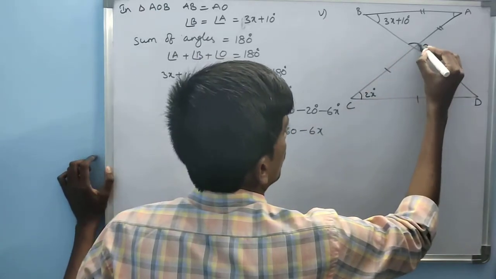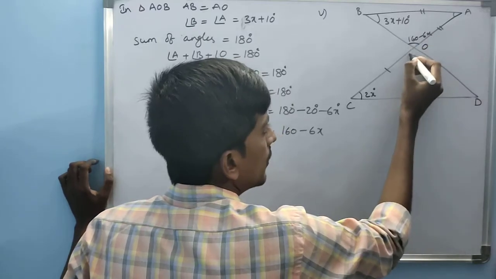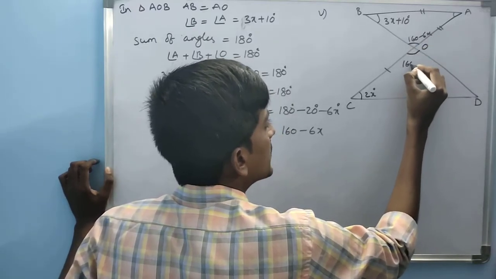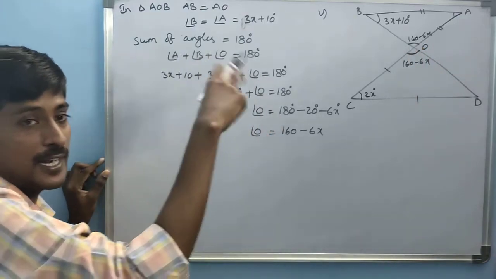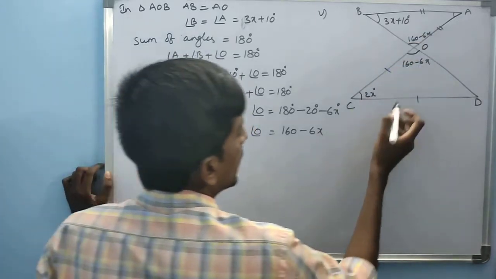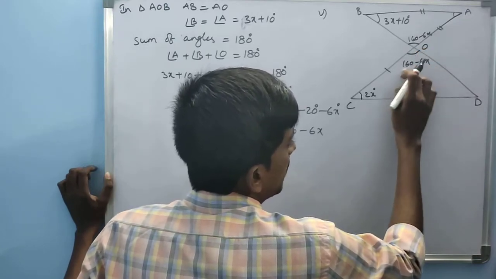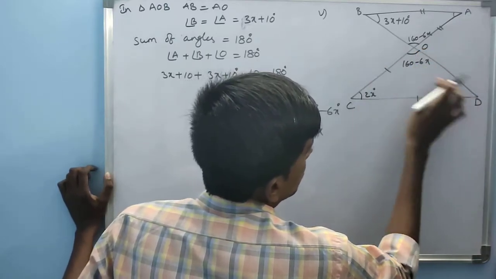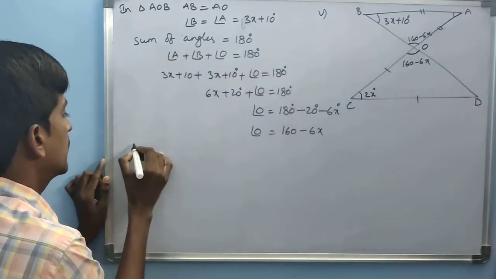This is 160 minus 6x. So this is also 160 minus 6x because of vertically opposite angles. The opposite of this angle is 160 minus 6x, and this is also 160 minus 6x.